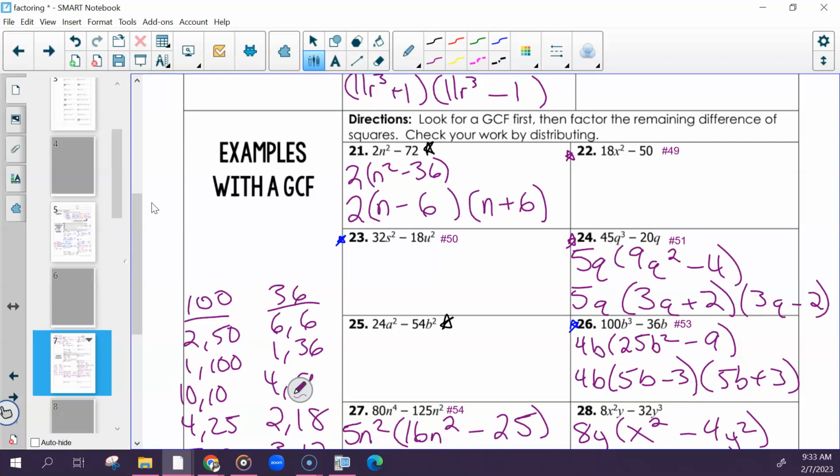Is there anything they have in common? So if we divide out 2, what's left? x squared minus 25, and then we could factor that using difference of squares.